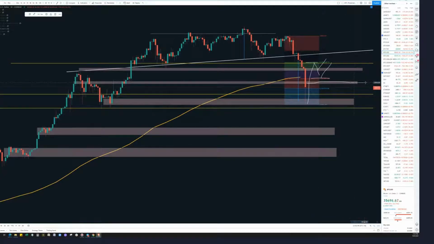My thinking. Actually, this level here, sorry, the 0.382. We need to see the weekly close above this, which is about 40k based on this Fibonacci. And then if we look across, it makes sense. This was a strong resistance. So we want to see price close above this on the weekly.